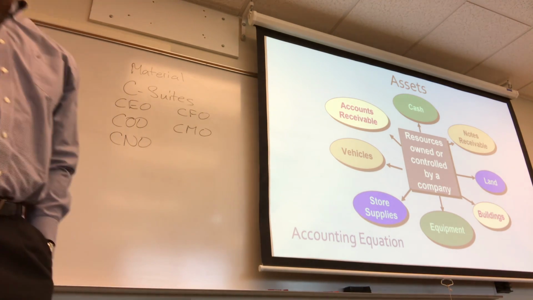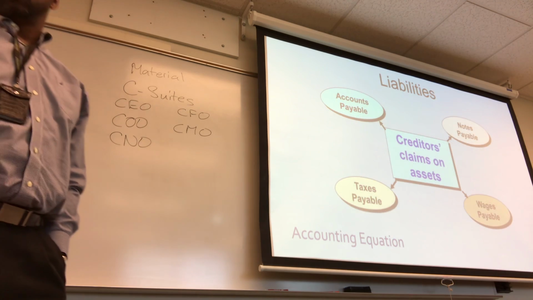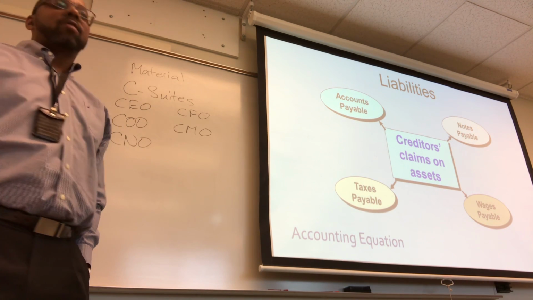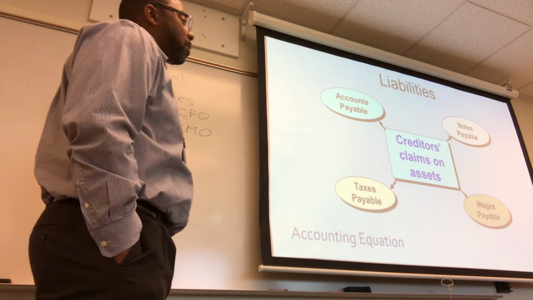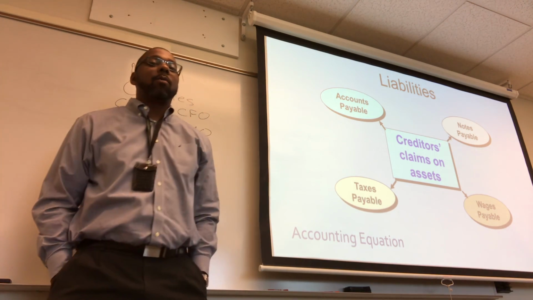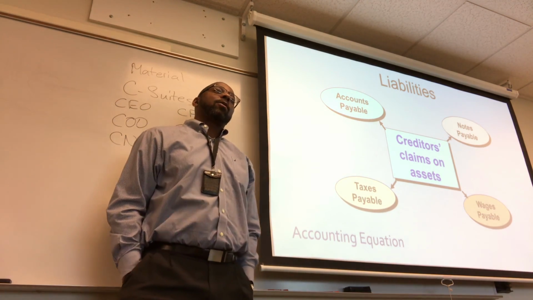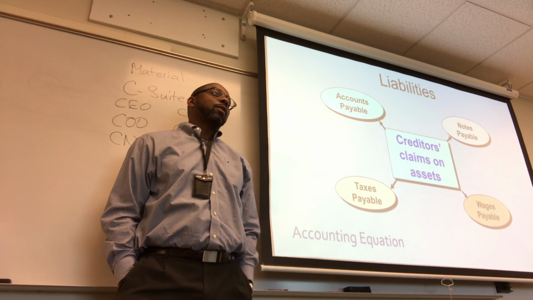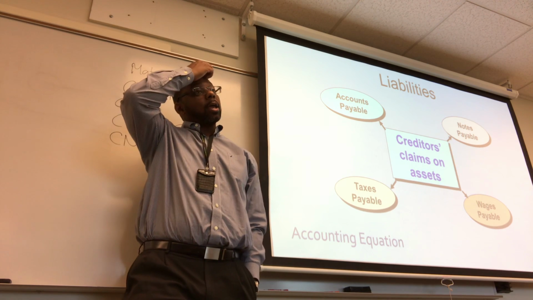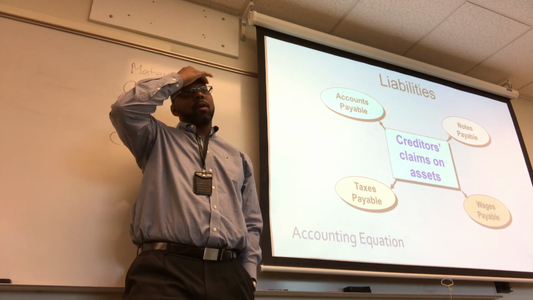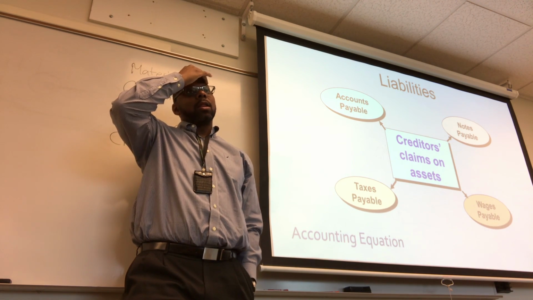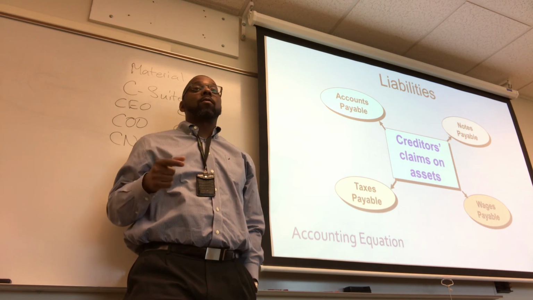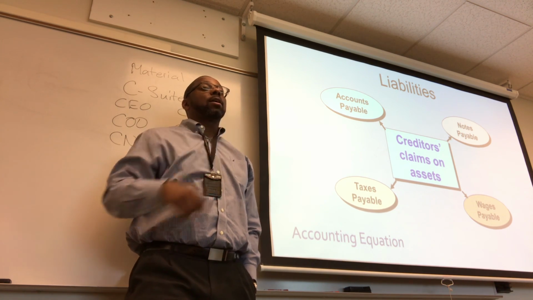All right, so next we'll deal with liabilities. Liabilities are things like accounts payable, notes payable, taxes payable, and wages payable. When you're dealing with a payable, this is the other side of the equation. Instead of providing a product or service and not receiving the cash, now you have received the product or the service and you have not paid the cash.